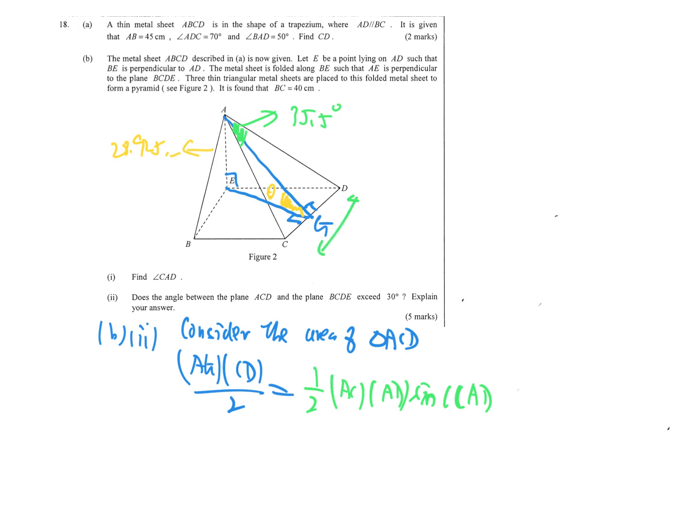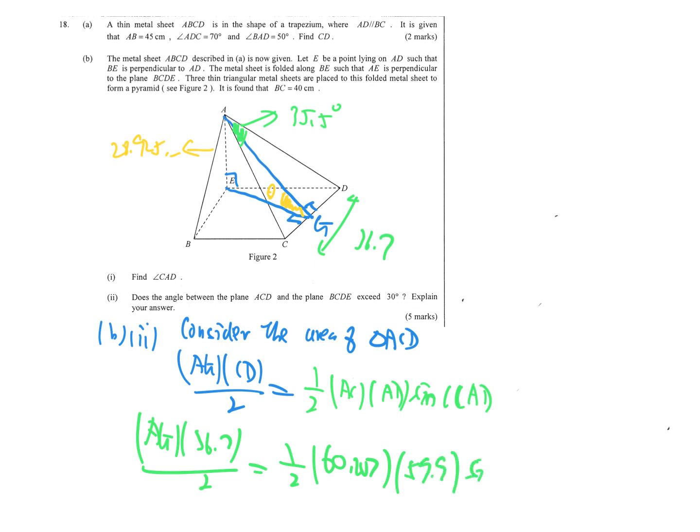CD is equal to 36.7, and AC and AD we already calculated before. So AG times 36.7 over 2 equals AC, which is 60.207 something, times AD, which is 59.9 something, times sine 35.5 degrees.